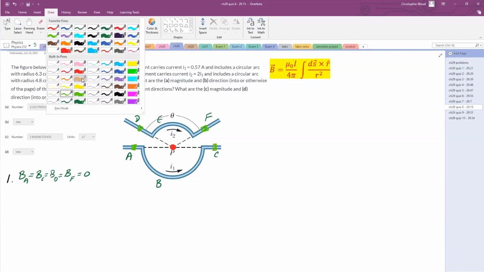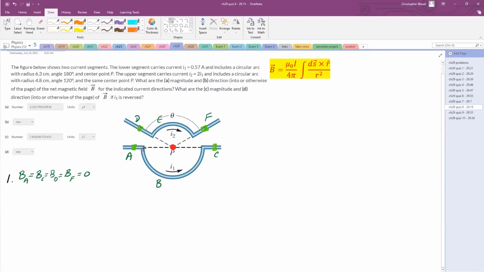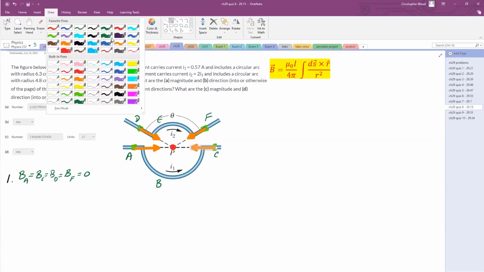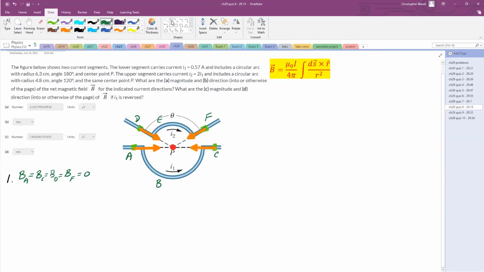Here's r hat for A. There's r hat for D. There's r hat for F. There's r hat for C. Okay, let's do ds. Here's ds at A. There's ds. Here's ds at D.